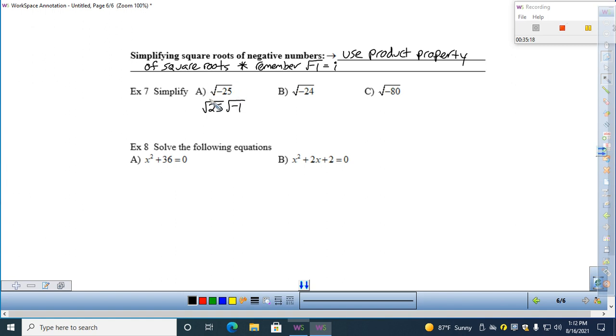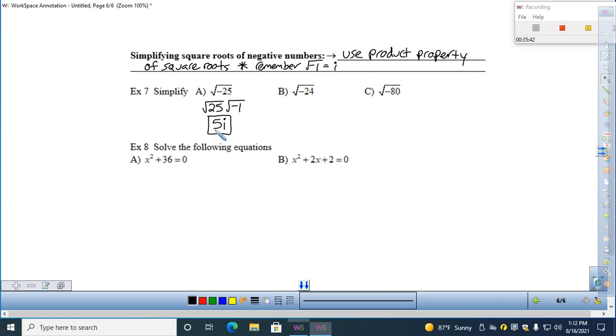Now the nice thing is, what is the square root of 25? It's just 5. What is the square root of negative 1? It's i. So now we are representing our imaginary number as opposed to the square root of a negative. I hate to say it, but we're never going to represent our values as a square root of a negative. You should always be able to pull out i as a factor.